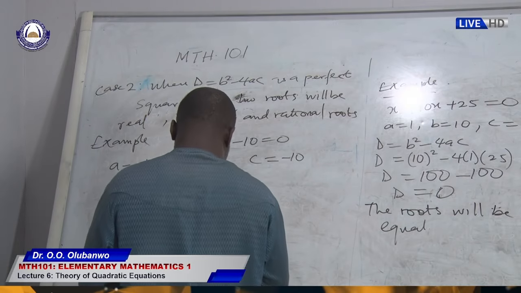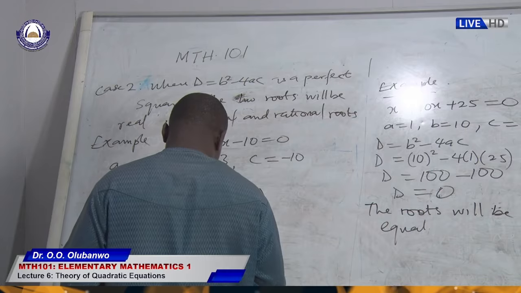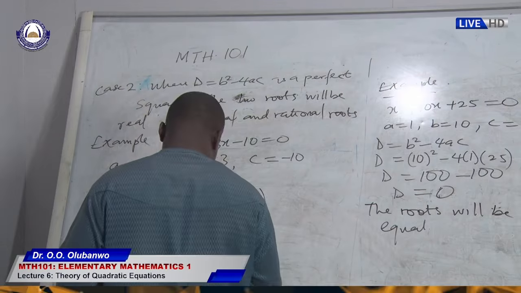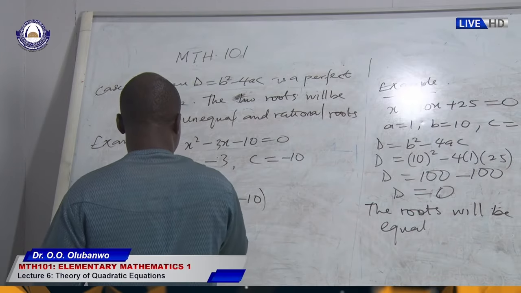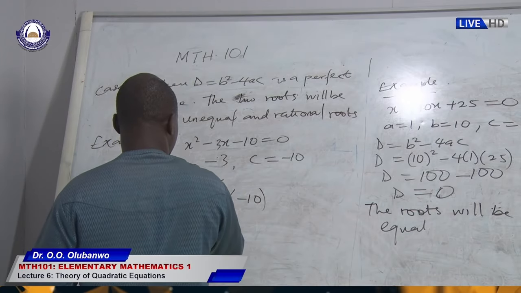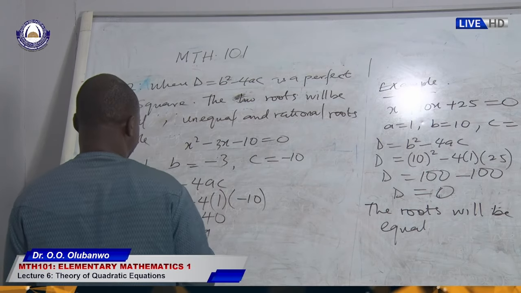So when we compute this, what are we going to have? We have 9 plus 40. So this will give us 49.